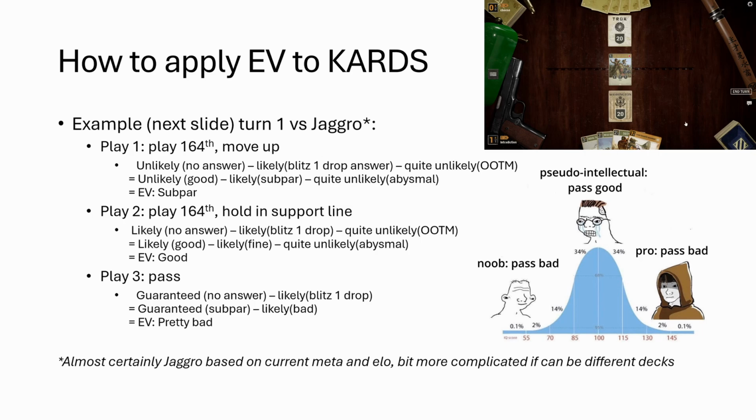So you either allow them to hit you in the face for free and draw for free with expansion if you play the PIR, or you're playing heavily off curve if you trade with the 164th on turn 2. That's what happens if you pass. So that is going to be the analysis for this particular situation.